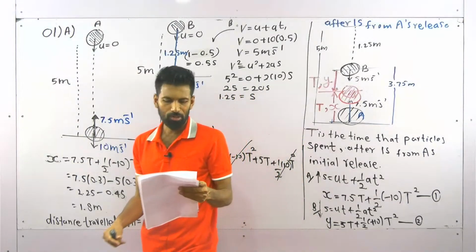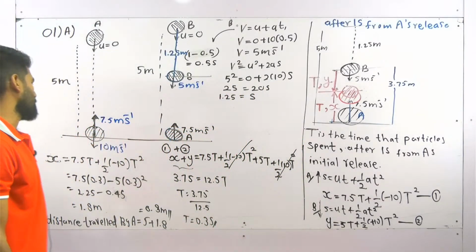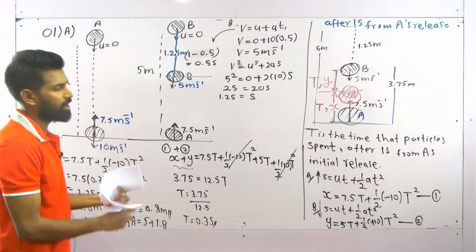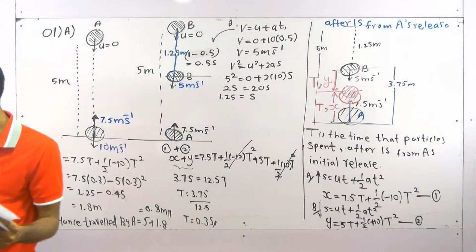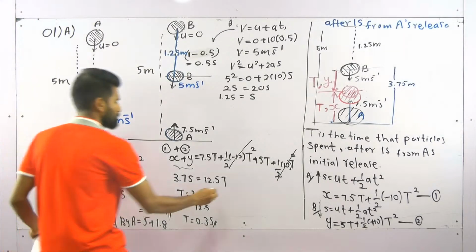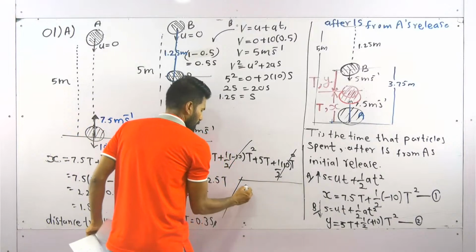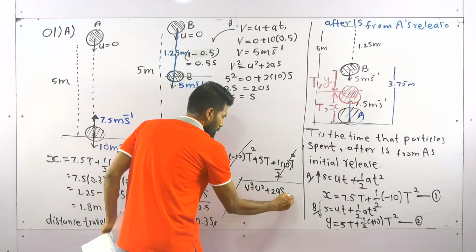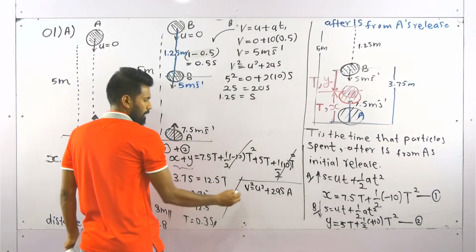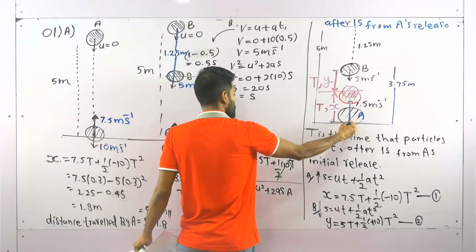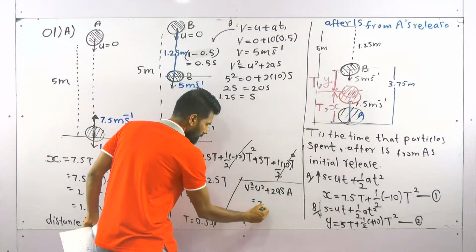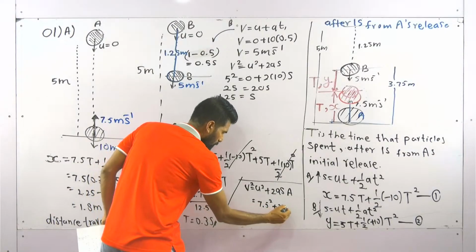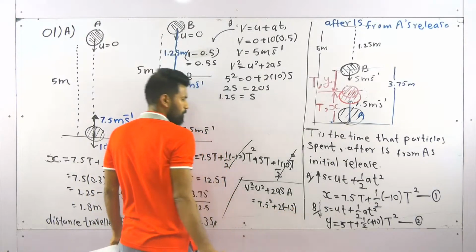Okay. Velocity of A when it collides with B. Now you can solve that. Applying v square is equal to u square plus 2as for A from the ground. At the ground, when it bounced, it had a velocity of 7.5 upwards, so v square equals 7.5 square minus 2 times 10 times s.